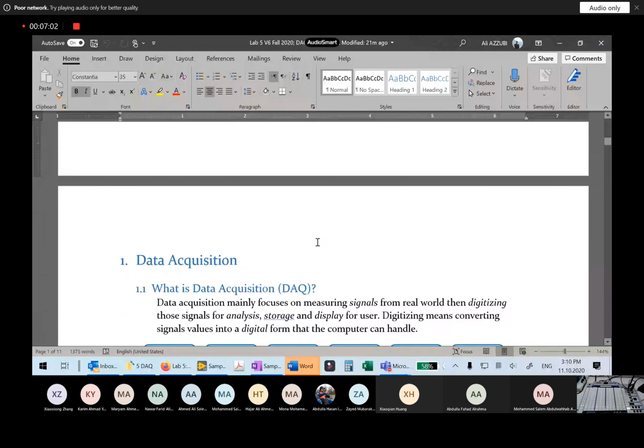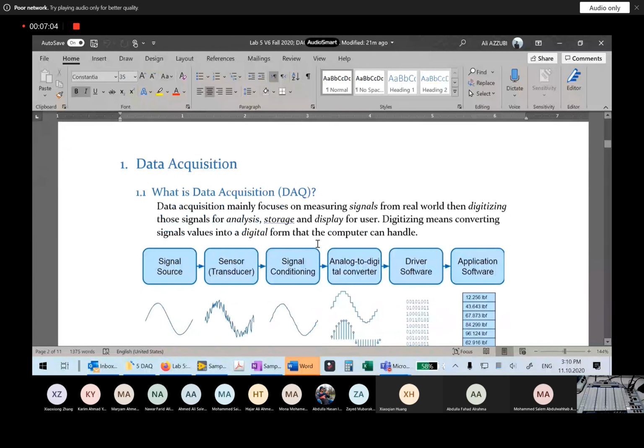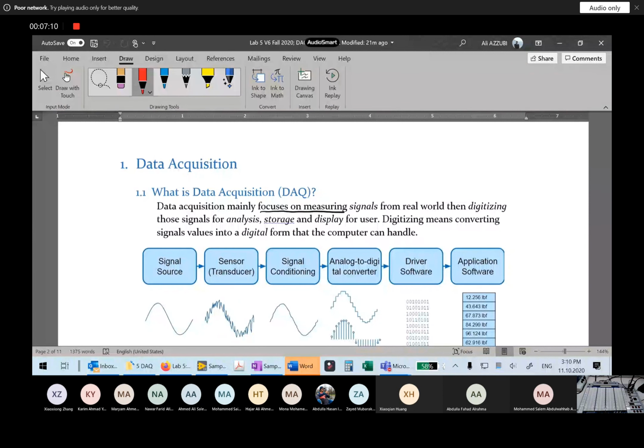So what is data acquisition? Data acquisition focuses on measuring signals. Let's put some red color here. Measuring signals from the real world and then digitizing those signals for analysis, storage, and display for the user. So basically, I'm doing some measurement.